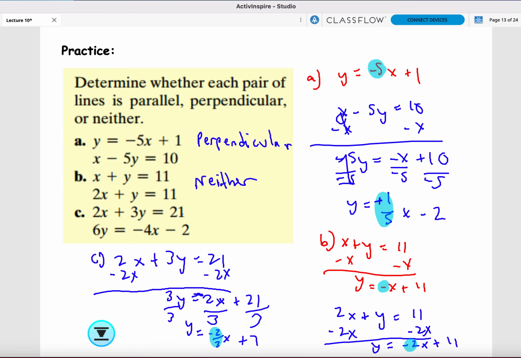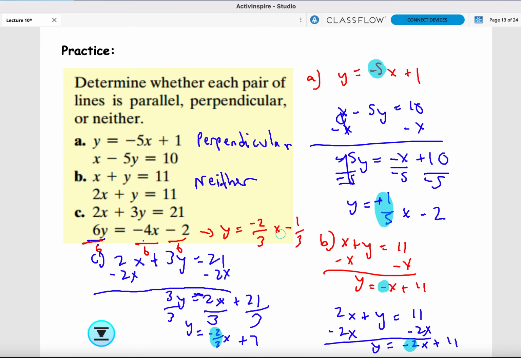Now for this other one, right here, 6y, I'm going to go ahead and divide both sides by 6, because you know how y is 6y. So then this becomes y is equal to negative 4 over 6, right? But negative 4 over 6 is just negative 2/3, because 2 goes into 4 and 6. x minus 1/3.